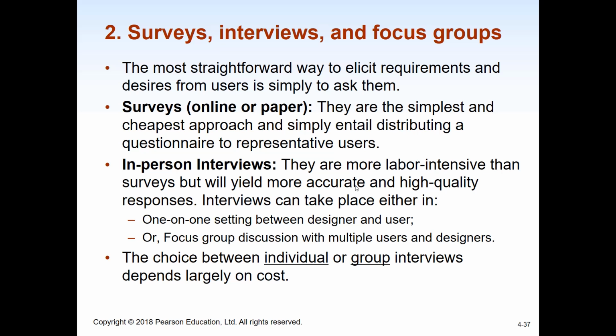The survey is the simplest and cheapest approach, and simply enables distributing a questionnaire to representative users. These representative users are considered as a sample. If your end users are not that many, you can use all of them if there are a few of them. But if you have a large number of potential users, you can get a sample or representing sample.